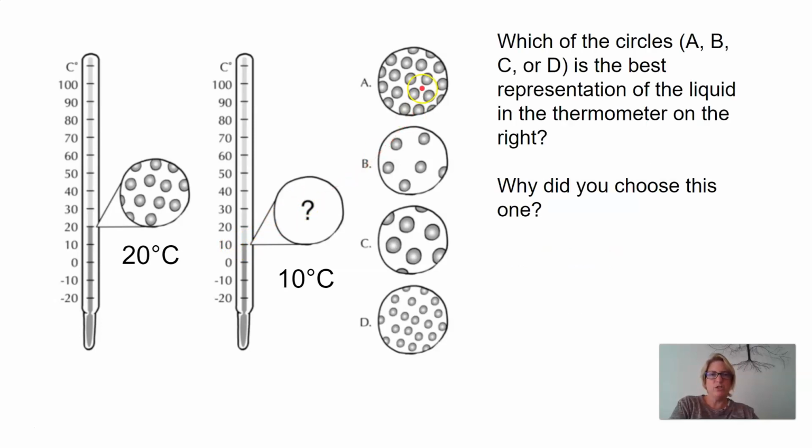Which of these circles, A, B, C, or D, is the best representation of the liquid in the thermometer on the right? But you must be able to tell me why you chose that option. Think about it for a little bit, and then we'll go through the answer.